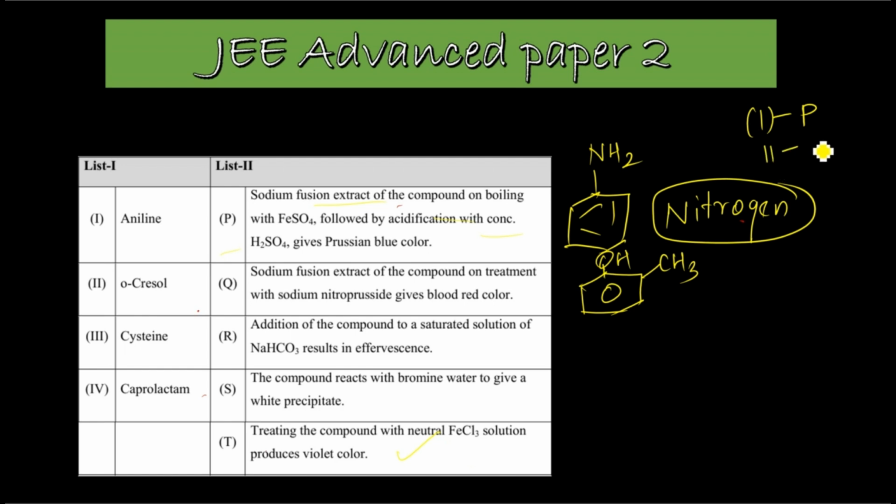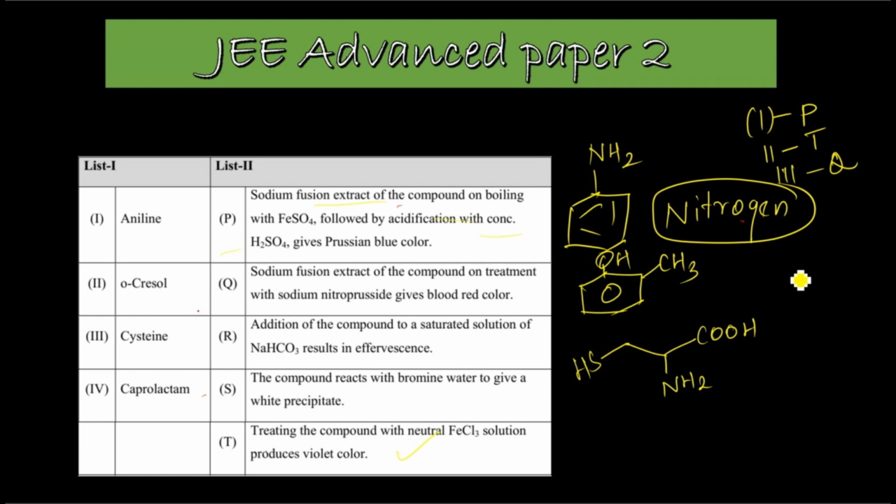So 2 to T is correct. Then cysteine, which is an amino acid, has COOH and SH. So sulfur and nitrogen are there. So which test will it give? It gives blood red color with FeCl3, 3 to Q.